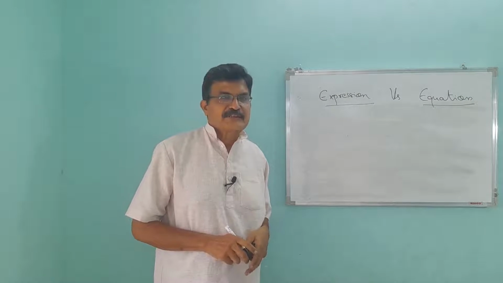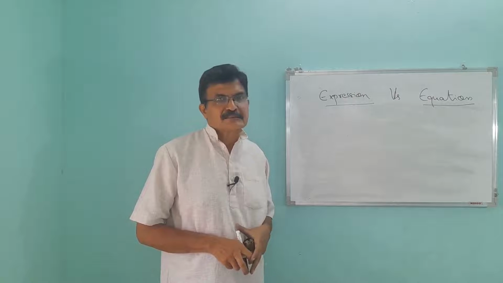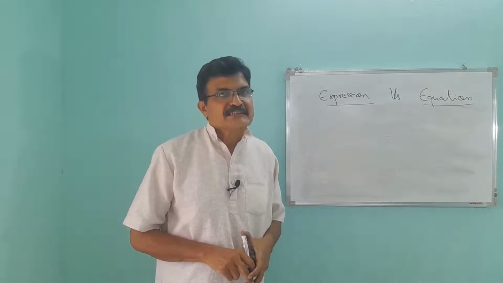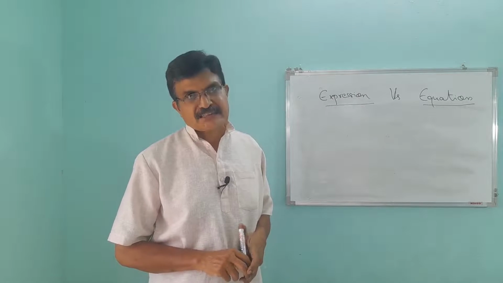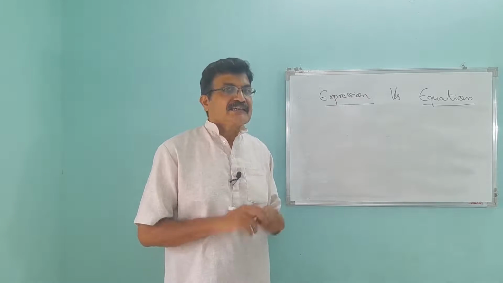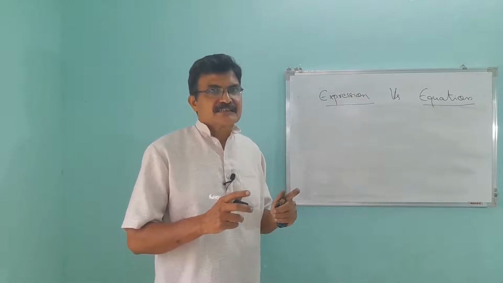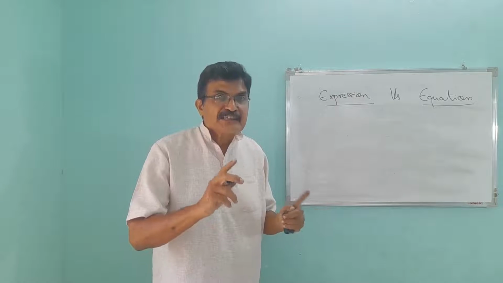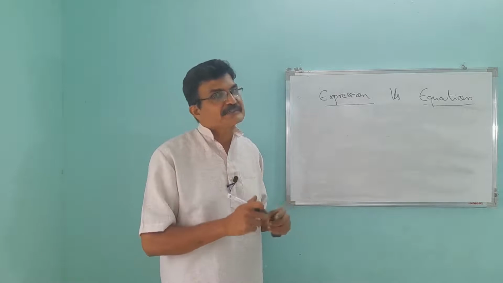What's the difference between an expression and an equation? An equation contains an equal sign. An expression doesn't contain an equal sign. In an equation, there should be an expression on either side of the equal sign.